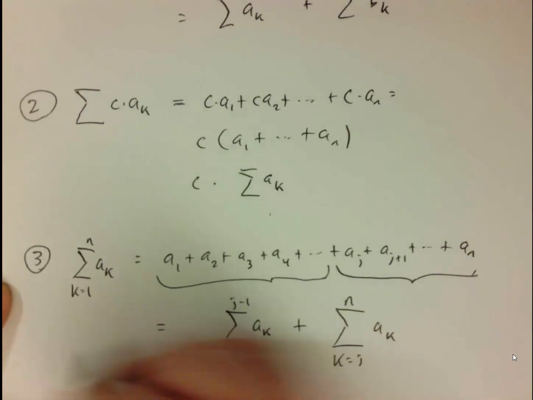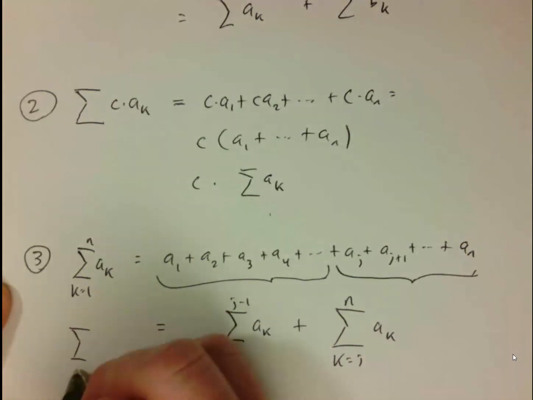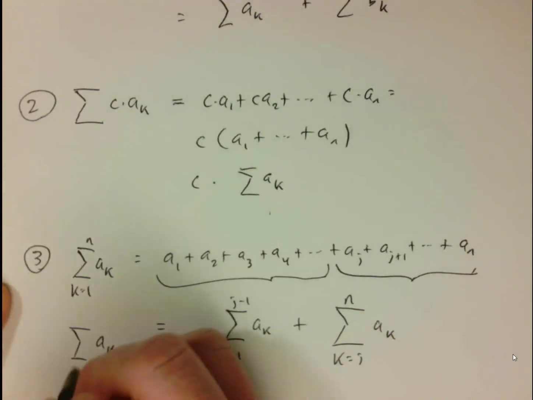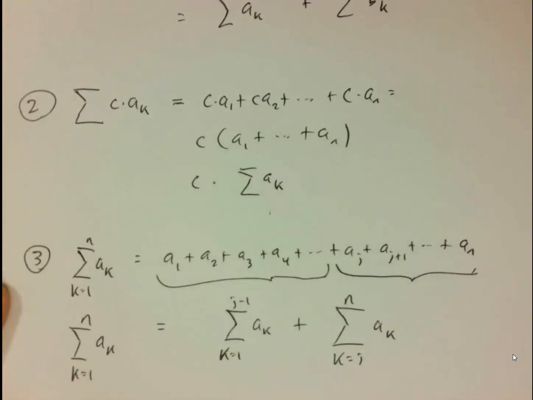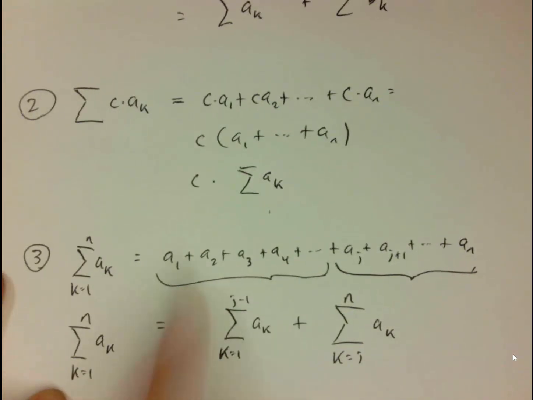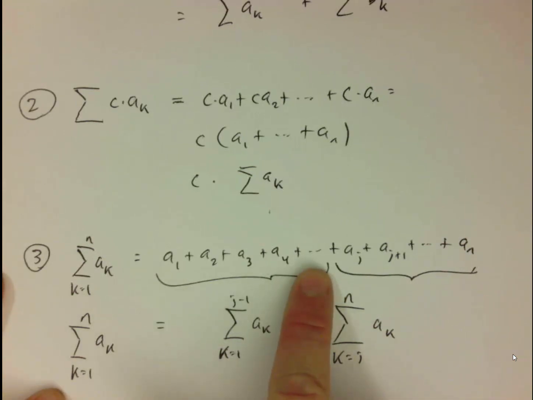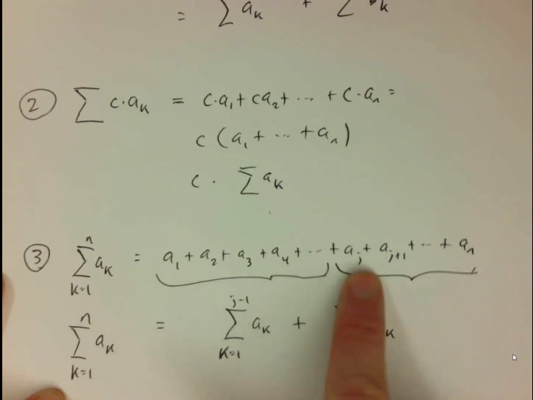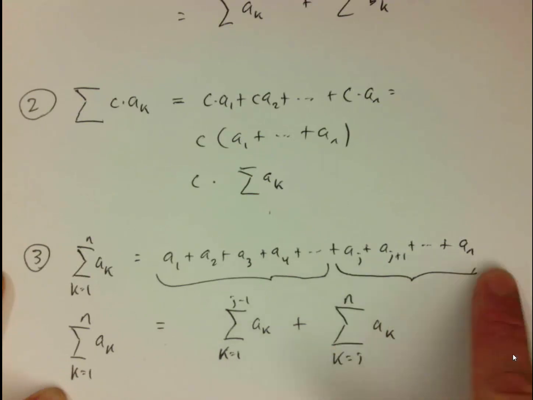And that's equal to the summation from 1 to n, right? So the summation from 1 to the end is the same as the summation up to a certain number, which we're calling j minus 1, and then starting one after that, j, up to the end.